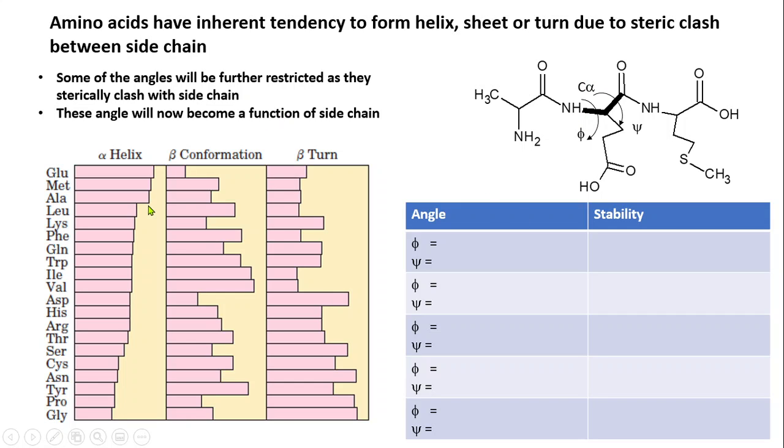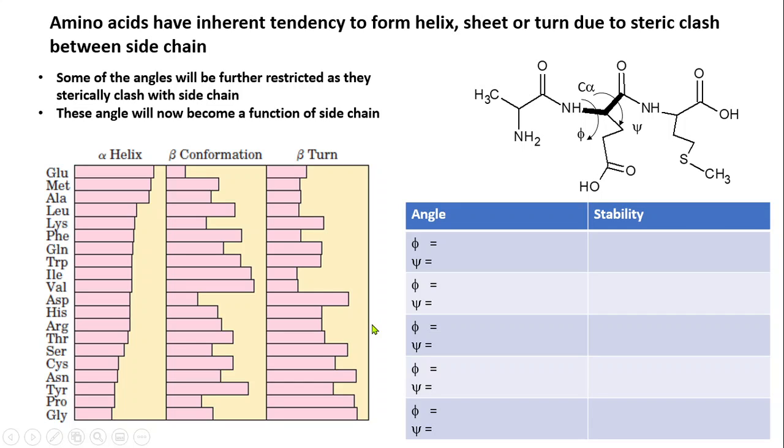So what that leads to is that each amino acid inherently gets a tendency to form helix, sheet, or turn. This particular chart explains this phenomenon: glutamic acid, for example, has a higher propensity to form helix, methionine has a higher propensity to form helix, and so on.